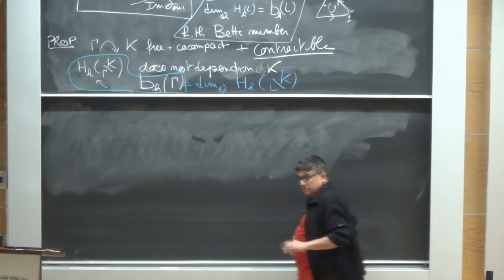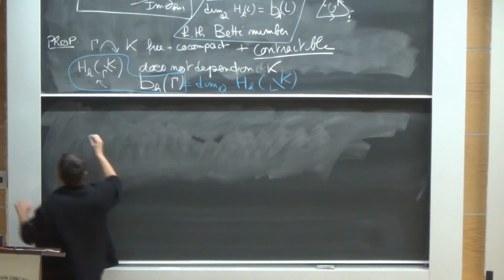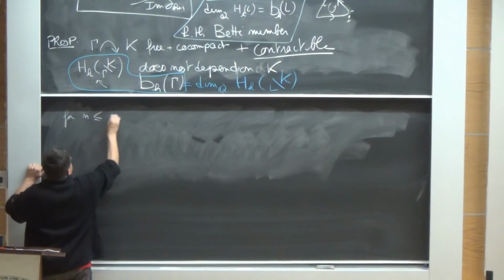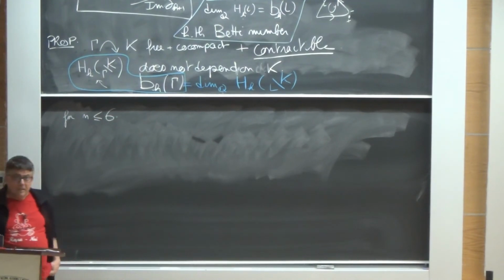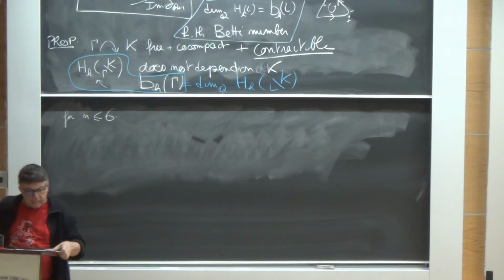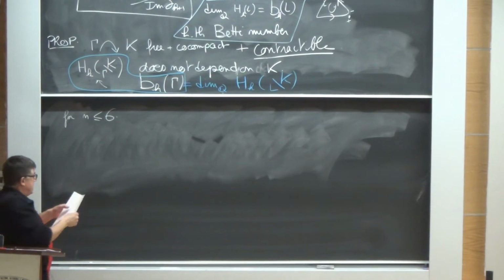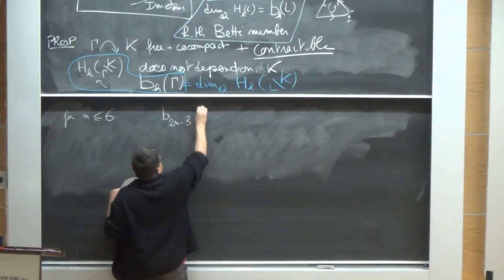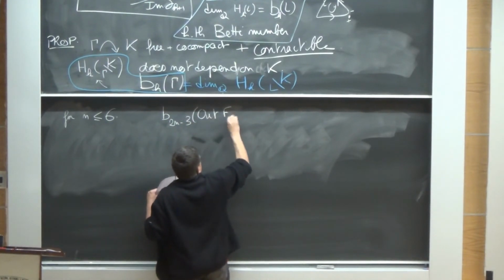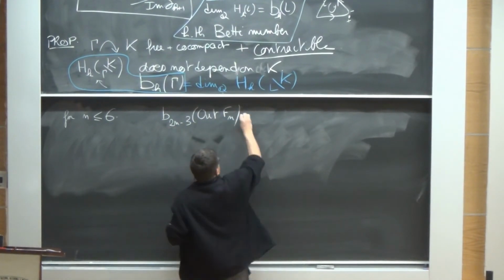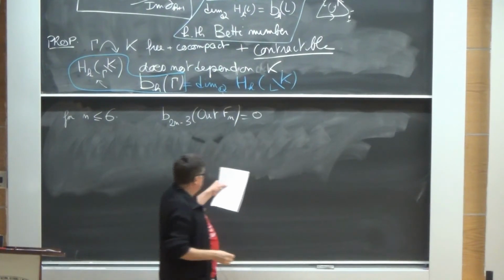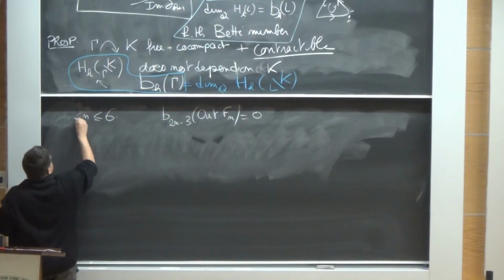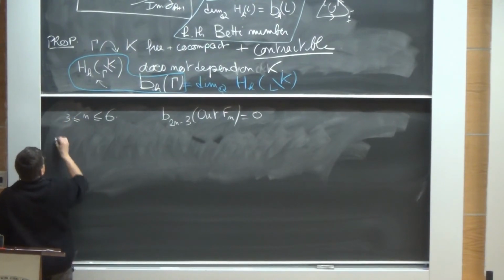They have been computed precisely for n smaller than 6, and it appears that the top dimensional one for the usual Betti number is 0, for n also greater than 3.